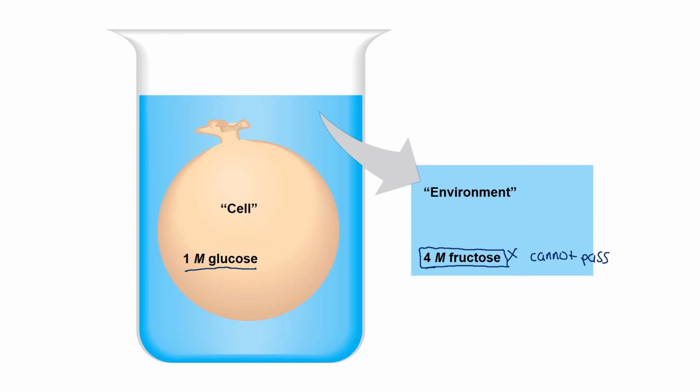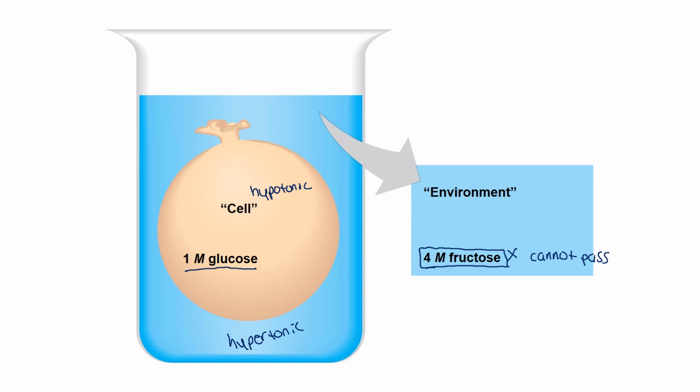So looking at this, we've got an environment that is hypertonic, and of course, the environment is hypertonic to the cell, and the cell is hypotonic to the environment. So the cell has more water, the environment has more solutes. So which way do you think the water is going to move?